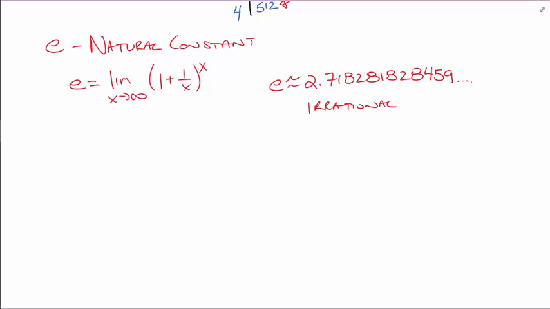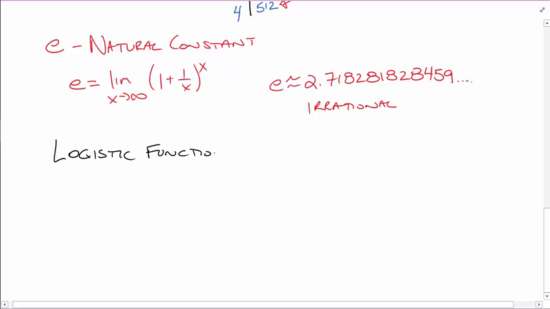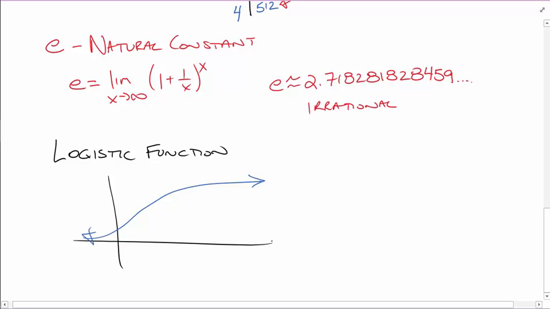The last thing we're going to discuss today in more detail is the logistic function. So we've seen this in the past, where a logistic function is going to have a horizontal asymptote that bounds it on the bottom. A lot of times that horizontal asymptote is y equals 0. The logistic function will also have a horizontal asymptote that bounds the graph on the top.